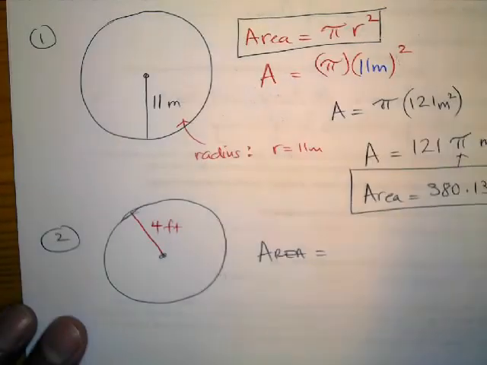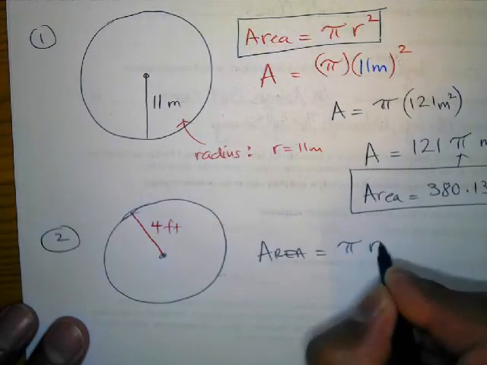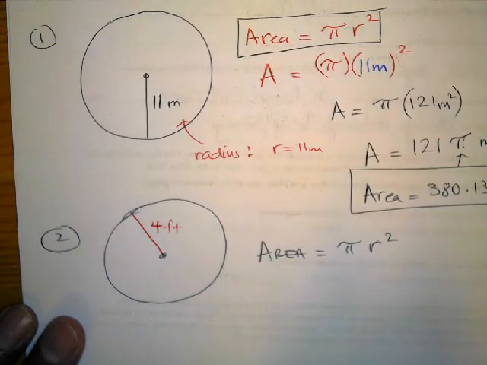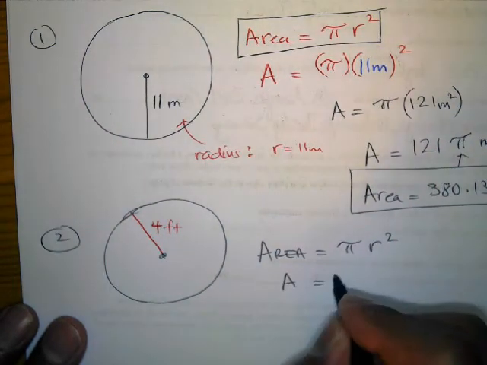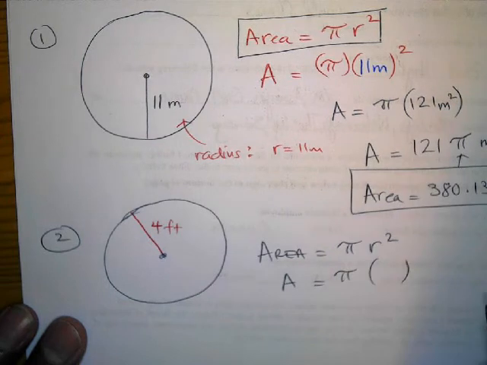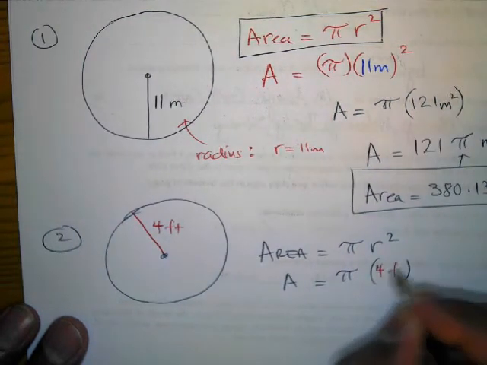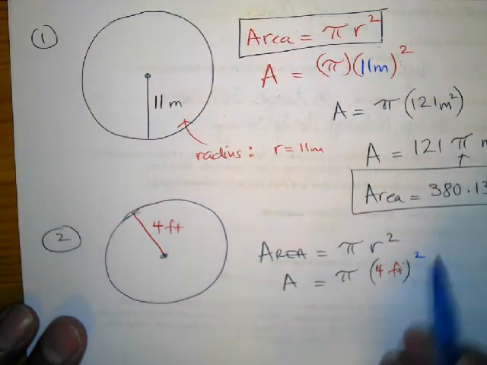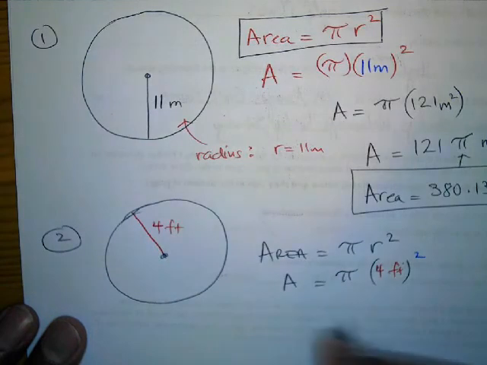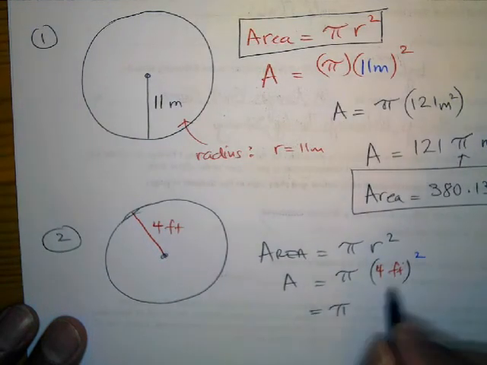Well, the formula is area is equal to what? Pi times r squared. That's going to be A for area is equal to pi times 4 feet. But you got to square 4 feet. You got to square the 4 and you got to square the feet.